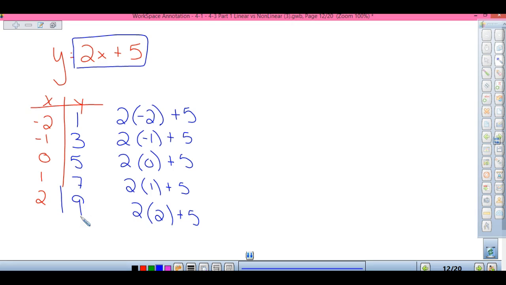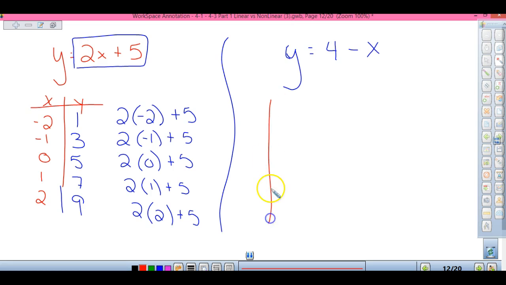What if I have, this is a good one, y equals 4 minus x. So we've got our table again. -2, -1, 0, 1, 2.